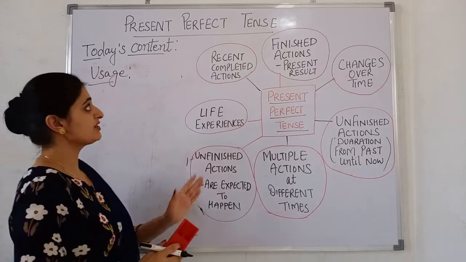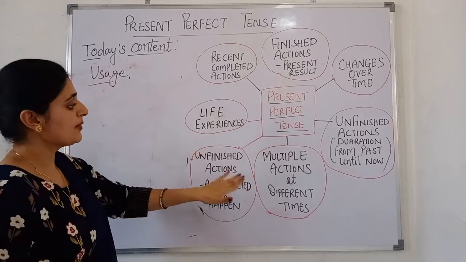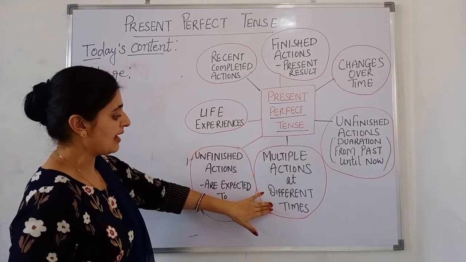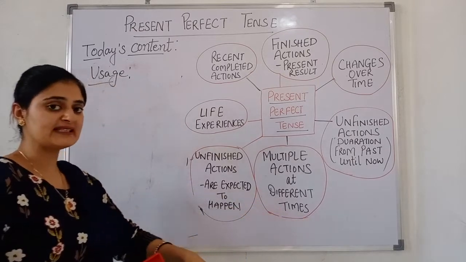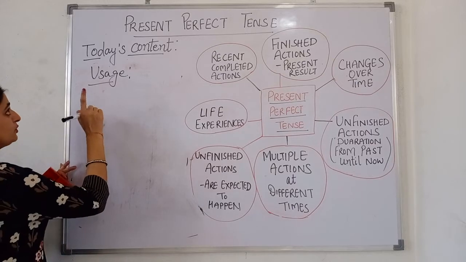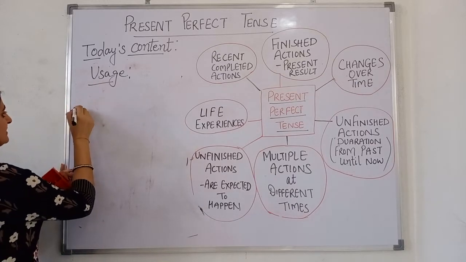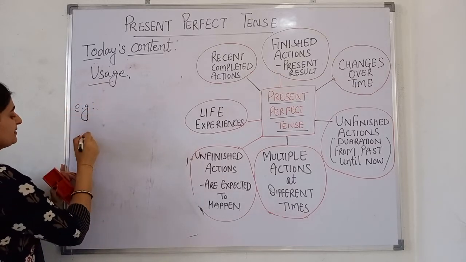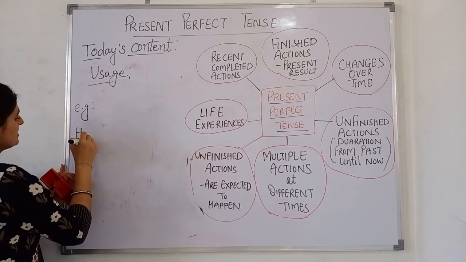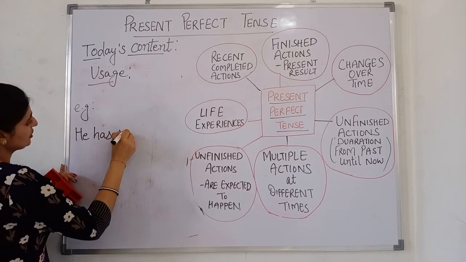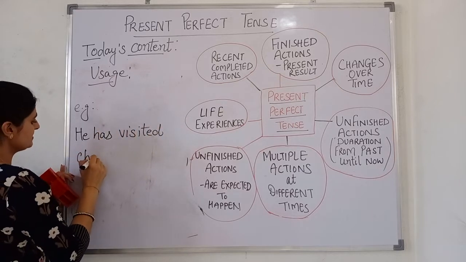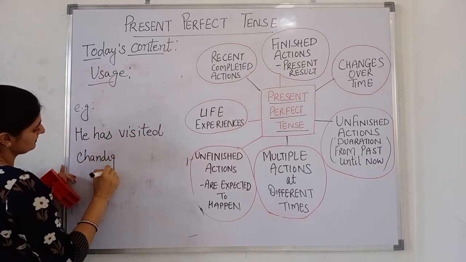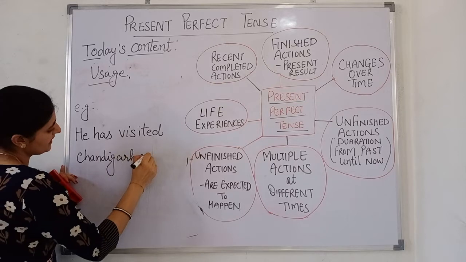Okay, the next use of present perfect tense is multiple actions happened at different times in the past. For example, he has visited Chandigarh many times.